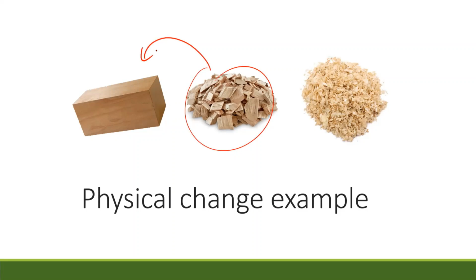And if you had enough time, you could actually take all this sawdust and put it back together to make these blocks of wood. If you had enough time. And when I'm talking about enough time, I'm talking about millions of years. But I'm saying in theory, it's possible to go from one direction to another direction.